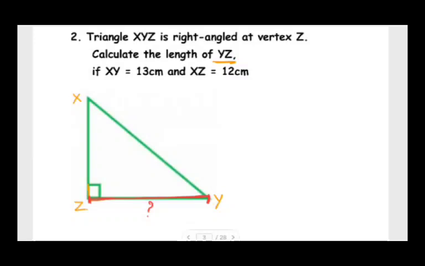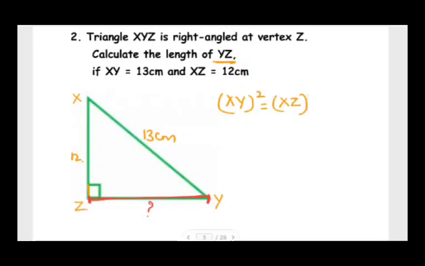Okay. When XY is equal to 13, so hypotenuse is given and XZ is 12. So let me write the lengths. XY, which is the hypotenuse square, is equal to height square. What is my height?